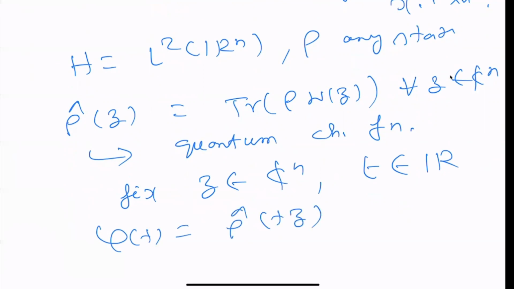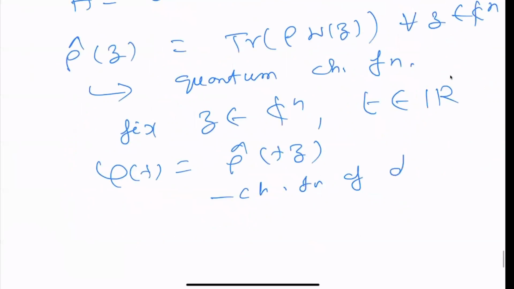Okay, this is just the characteristic function of the distribution of this P of Z. P of Z is a generator of W of Z, which is a random variable, a self-adjoint operator. And rho generates a distribution on the spectrum of this. And it is precisely the characteristic function of that probability distribution. Okay. If you fix a Z and use this.